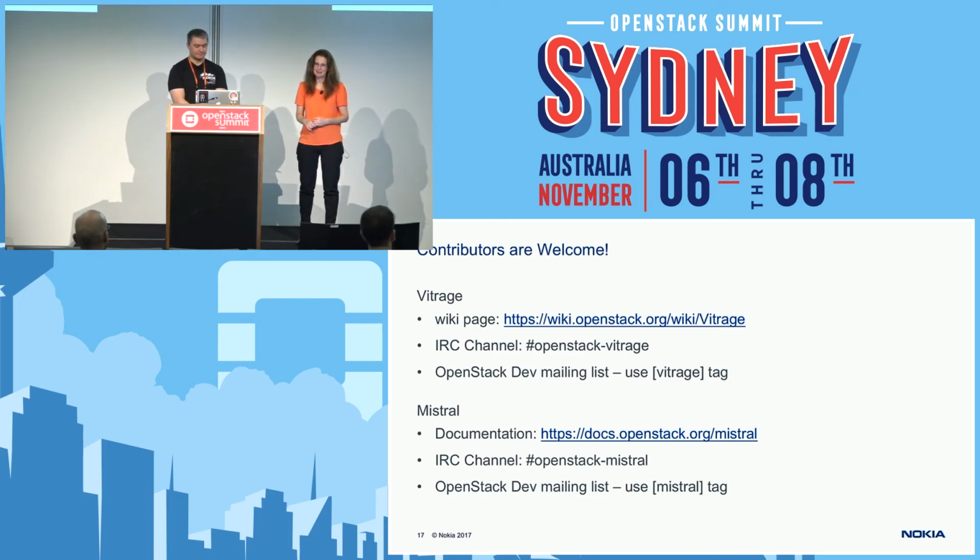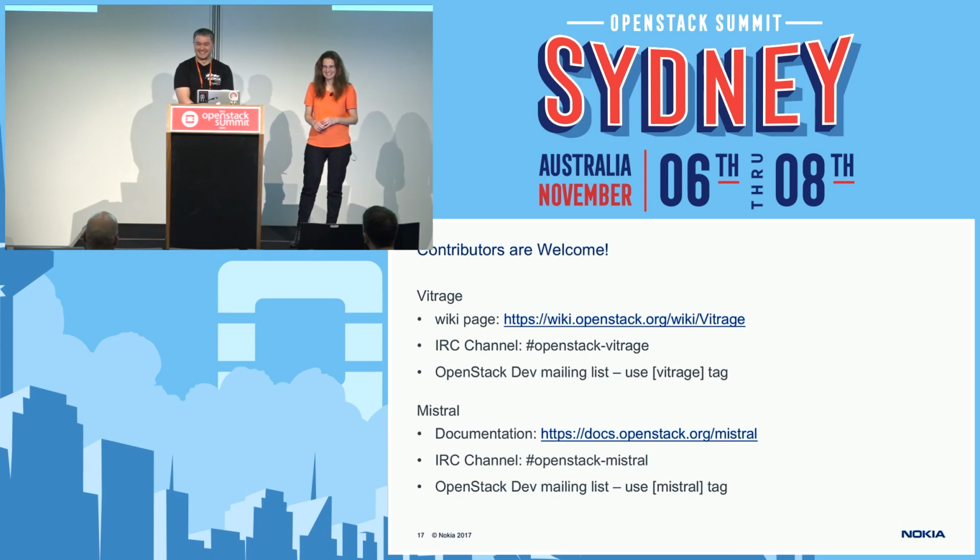So I get the impression that all outstanding work on Mistral, making it fully resilient, seems to be done now. Is that correct? And is that also the case with Vitrage, that if either service themselves fail during this process, they can recover the process later on? Yeah, so what's your specific question? So if one of the nodes running one of the Mistral services or one of the Vitrage services dies, can the whole process recover, be resilient to that?